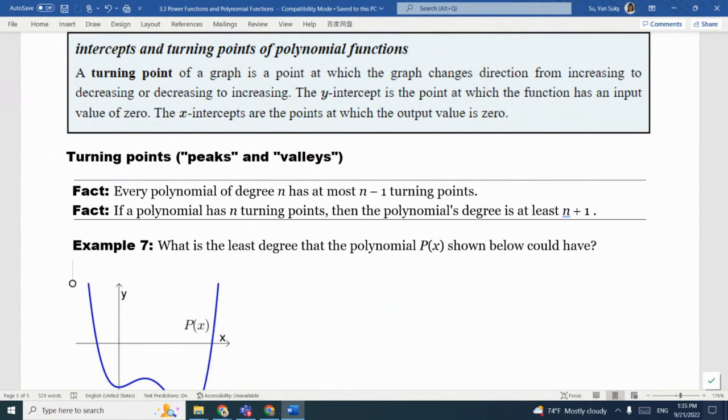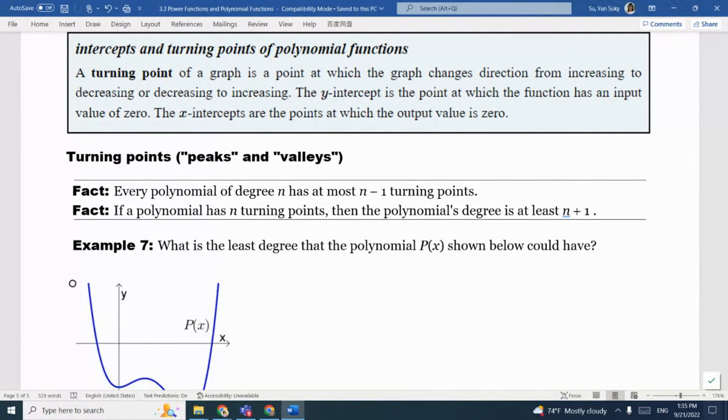The y-intercept is the point at which the function has an input value of 0. x-intercepts are the points at which the output value is 0. For x-intercepts, the y-coordinate is 0; for the y-intercept, the x-coordinate is 0. Turning points, peaks and valleys. So facts: every polynomial of degree n has at most n minus 1 turning points.